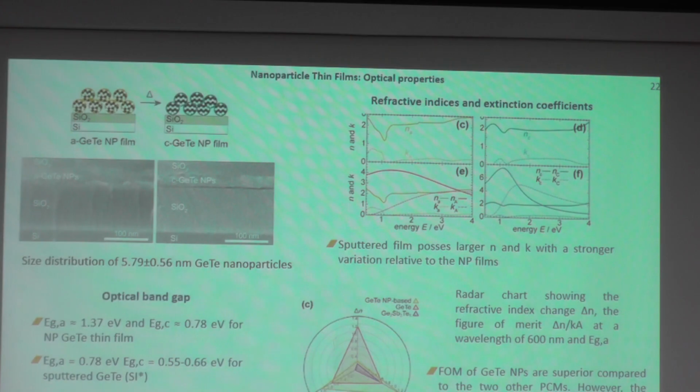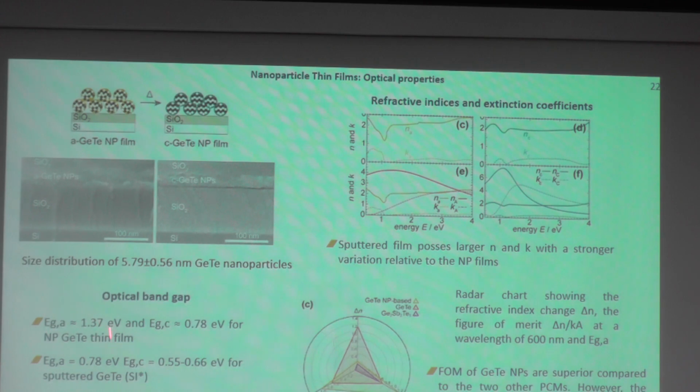So what happened here with such nanoparticles with such small size is that the band gap of the amorphous material is much larger, 1.4 eV, and for the crystalline nanoparticle thin film it is again reduced. Before, on the previous slide, we saw a reverse effect, that the crystalline nanoparticles had a larger Eg than amorphous.